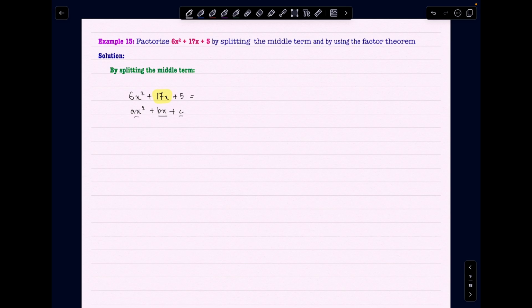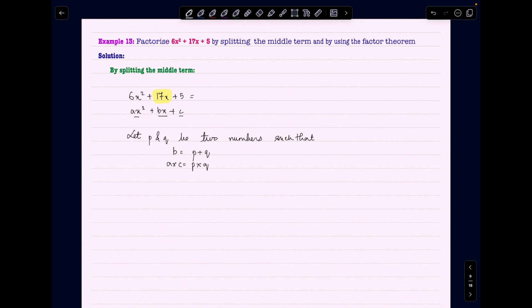So I want to find two numbers. Let p and q be two numbers such that b equals p plus q and a into c is p into q. Why am I writing like this?